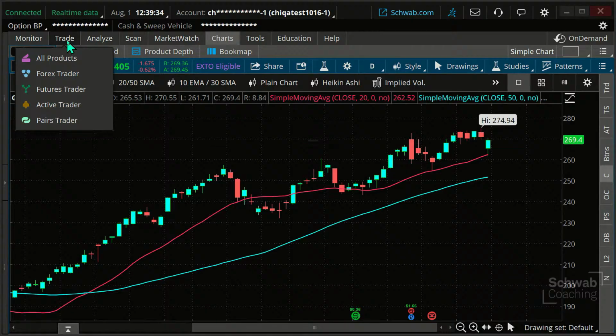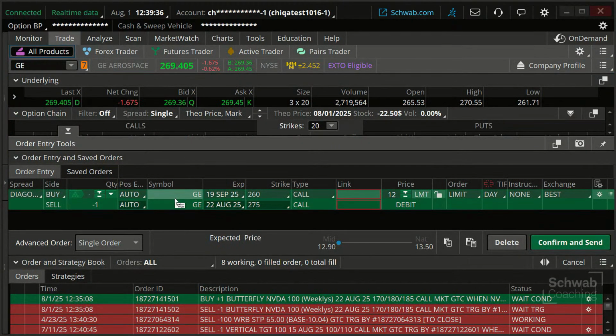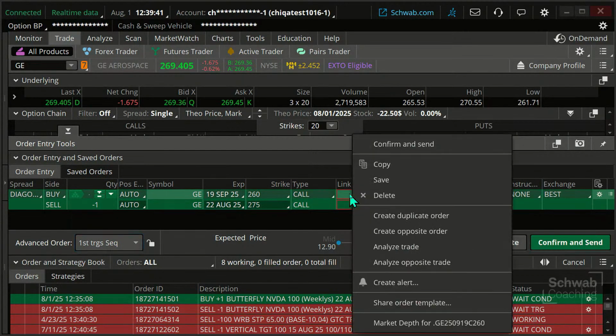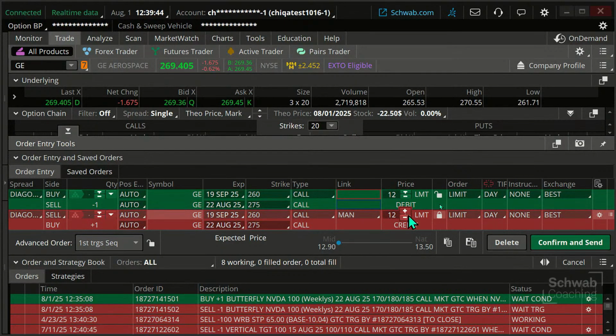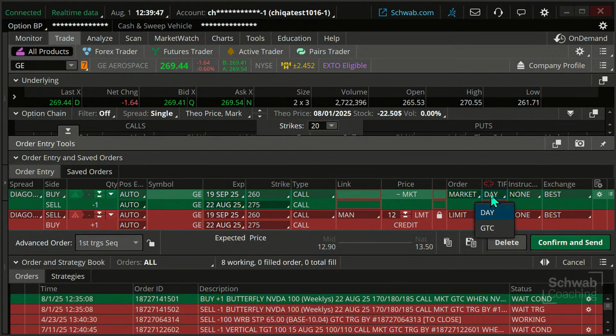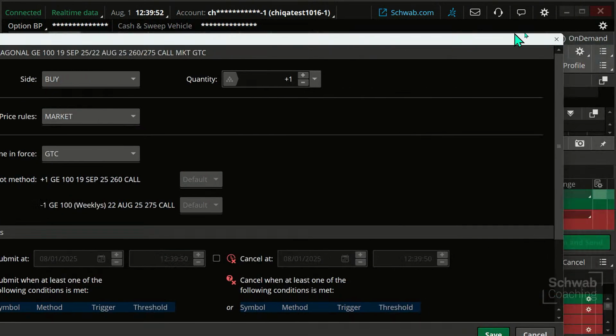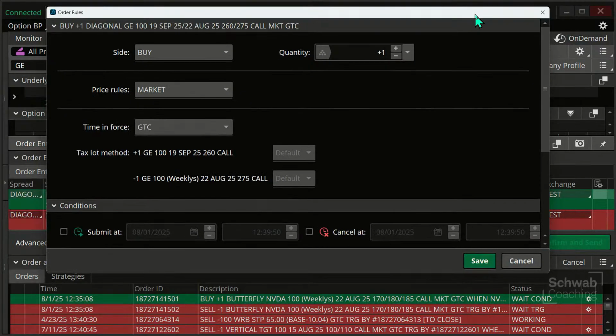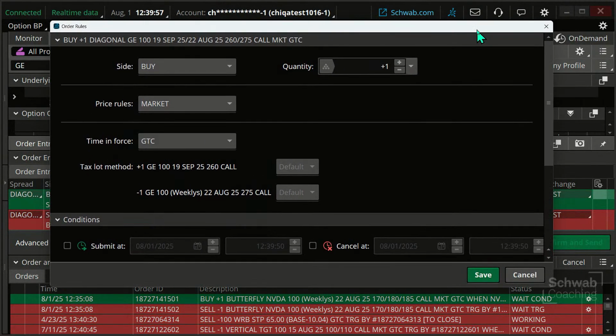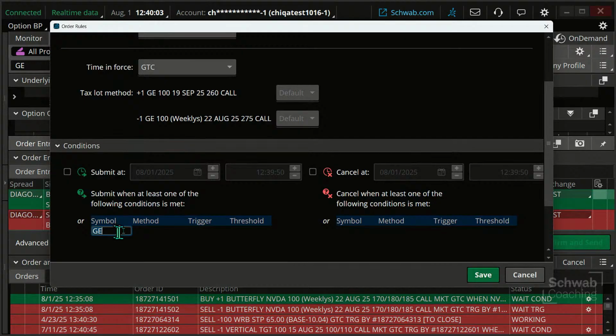So I'm going to go back to my trade tab. I'm going to make this a first trigger sequential. We're going to create an opposite order. I'm going to make this a market order. We're getting in, remember, only if the stock goes above 270.55, marks greater than or equal to 270.55.